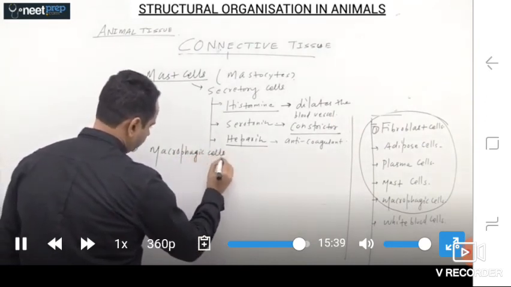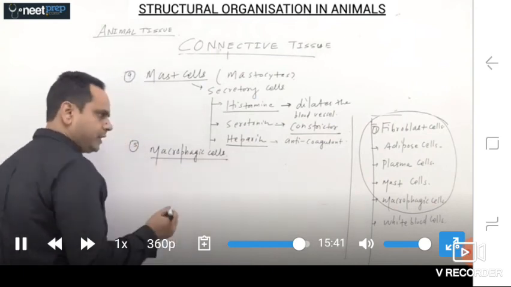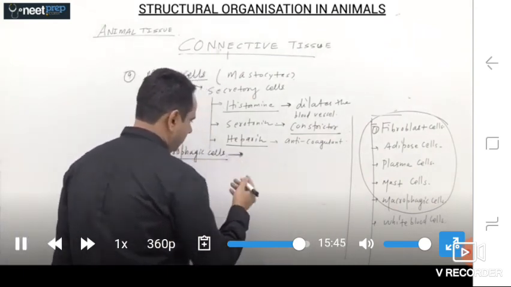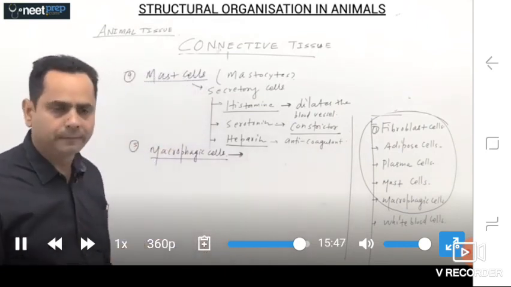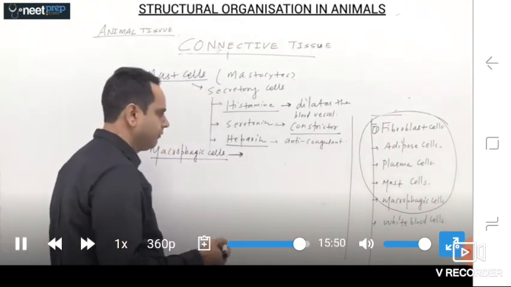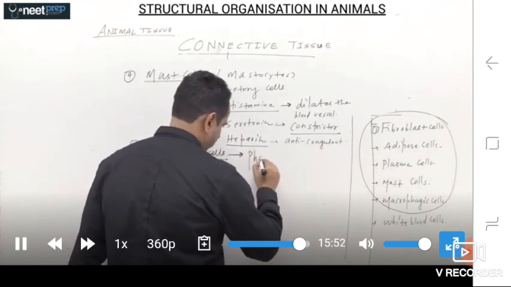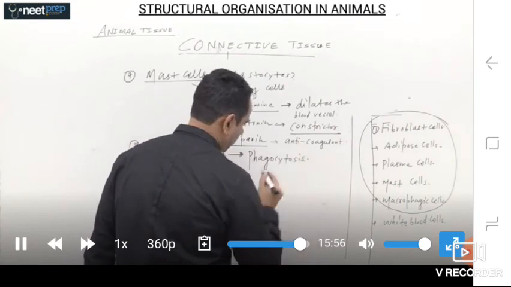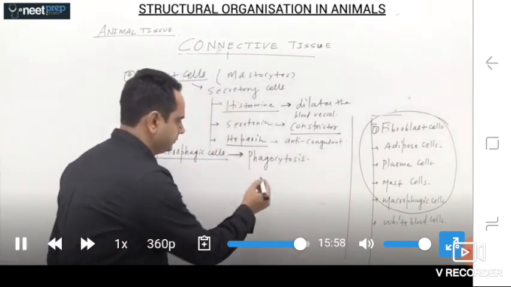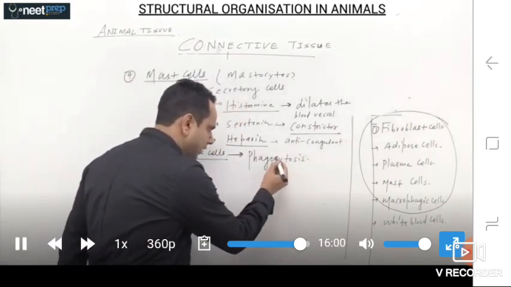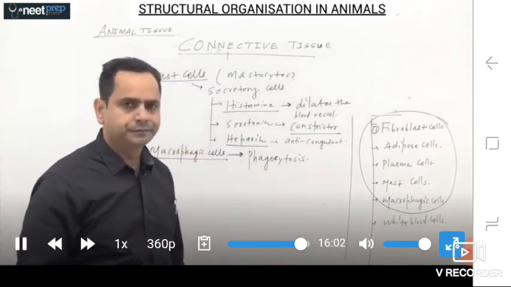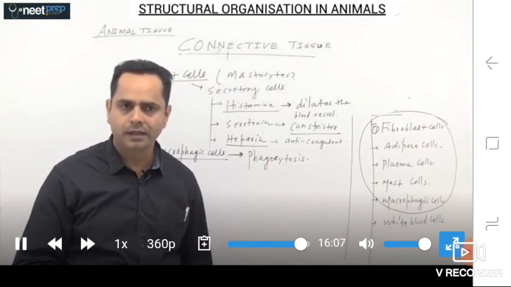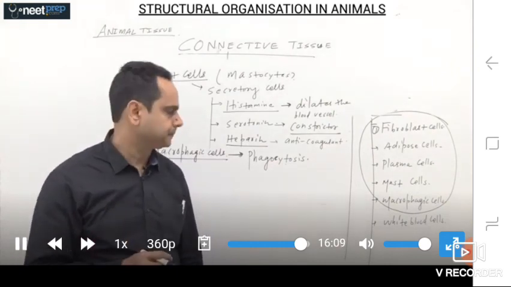These macrophage cells provide a kind of immunity only, and they are involved in a process called phagocytosis, also called cell eating, where they engulf the harmful pathogens, harmful bacteria that are moving in blood.